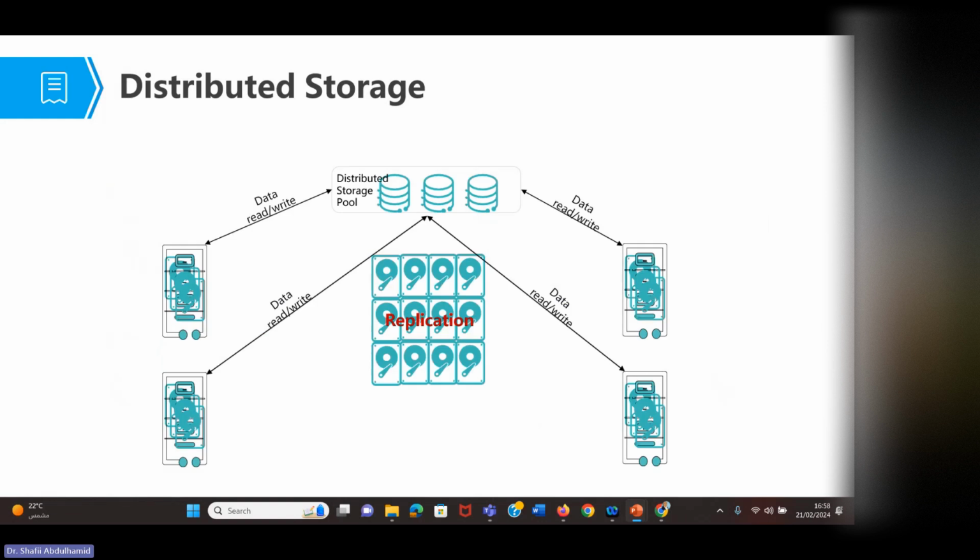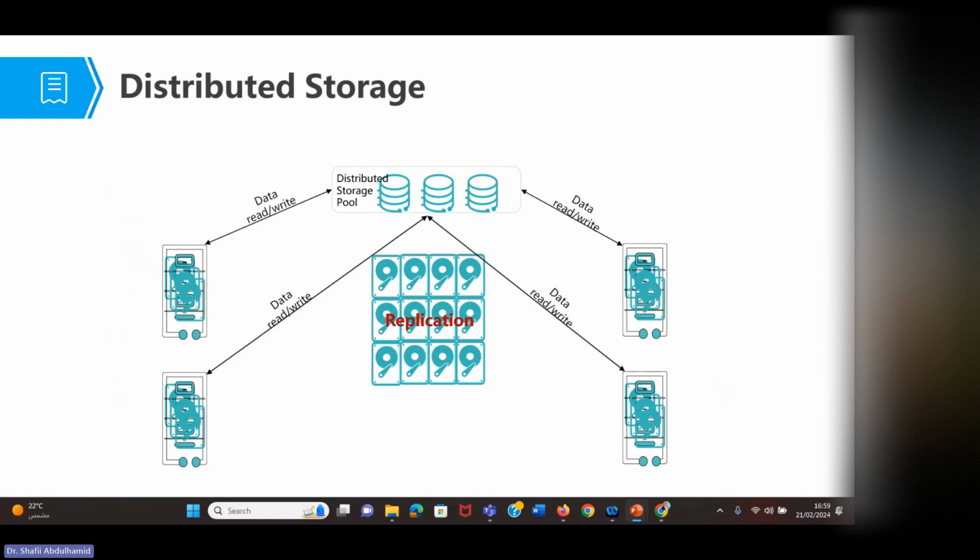So, for distributed storage, it's using what is called replication. As we mentioned earlier, in order to connect the physical storage devices that will be used for the cloud, it uses either the RAID technology or replication technology.